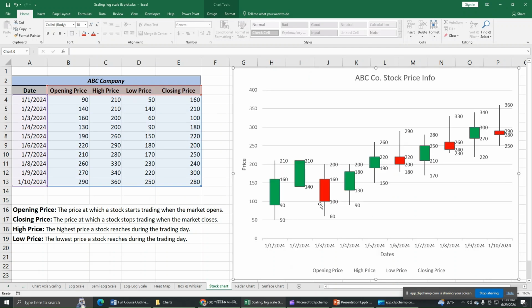Okay, so this is how we can create a stock chart in Excel.